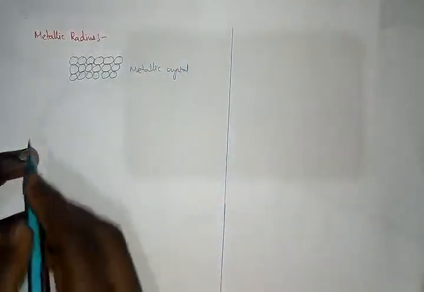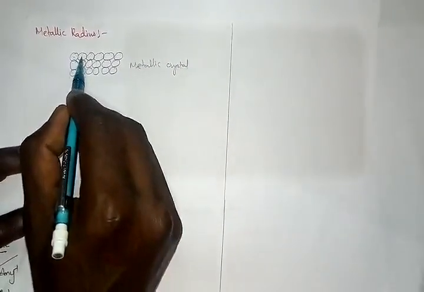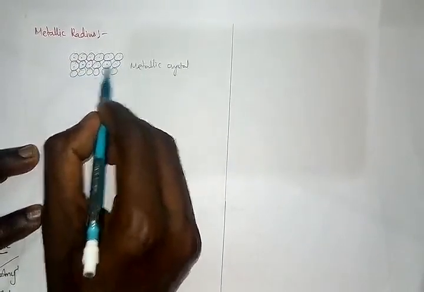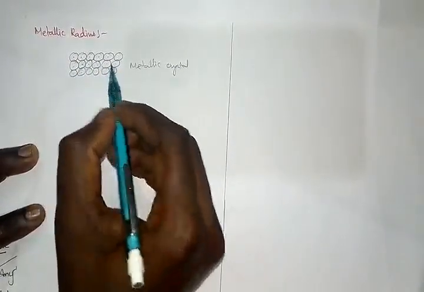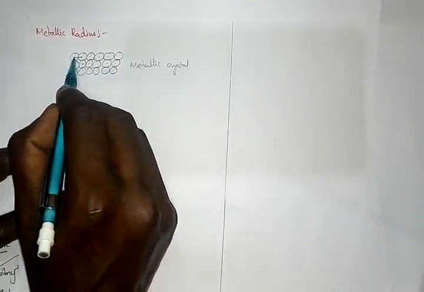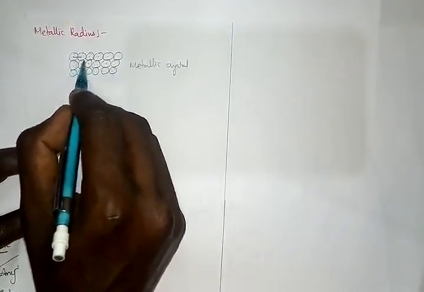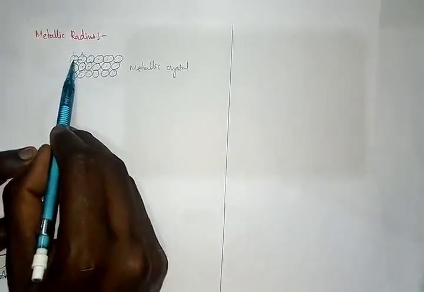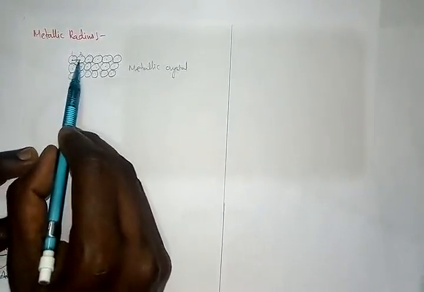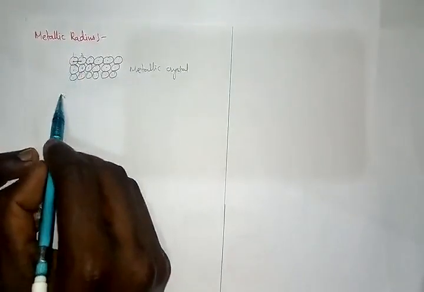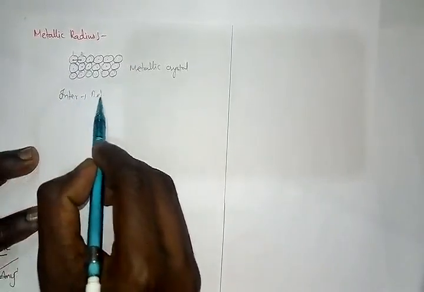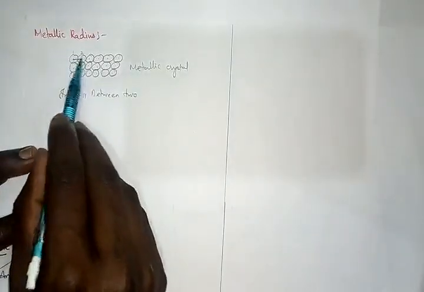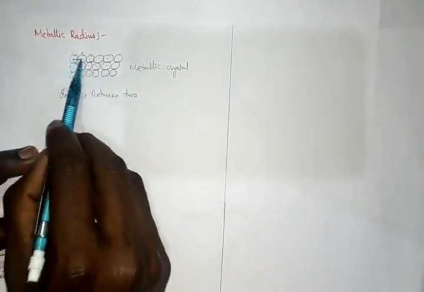Imagine this is the nucleus. If I measure the distance between these two adjacent atoms, atom number 1 and atom number 2, that is the internuclear distance, meaning the distance between the two nuclei.